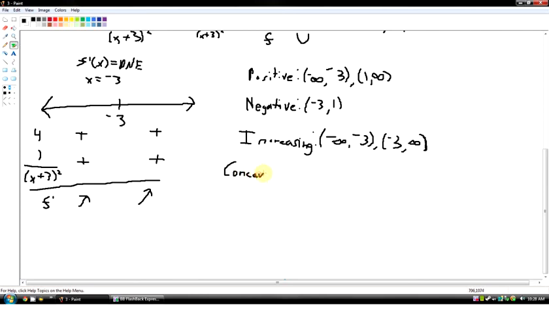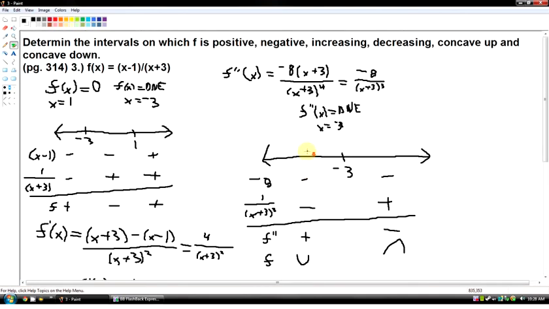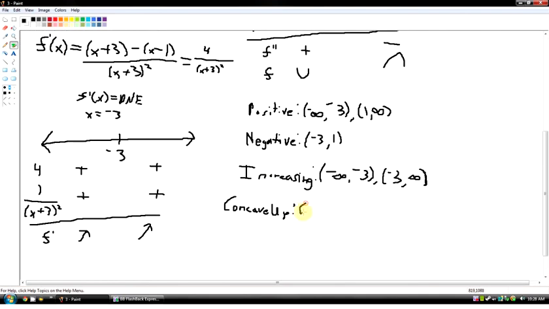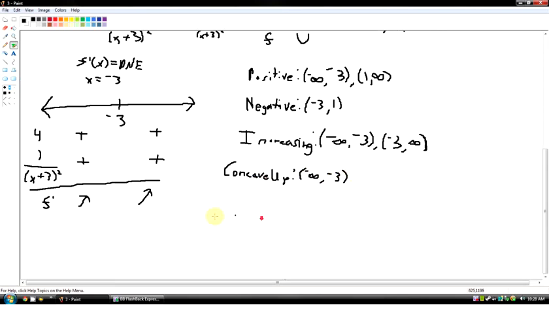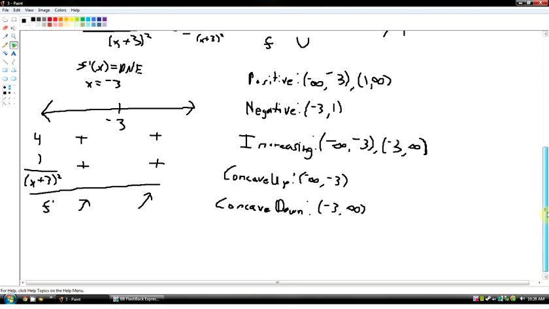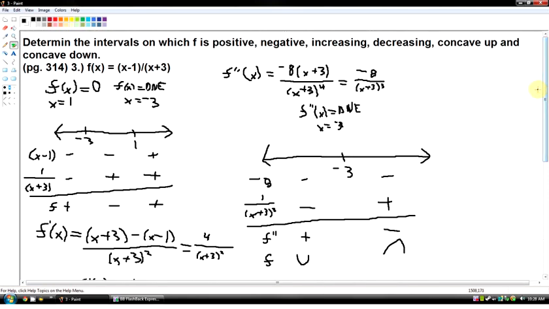So our function is concave up on the interval negative infinity to negative 3, and concave down on the interval negative 3 to infinity. Thank you for watching, and carry on.